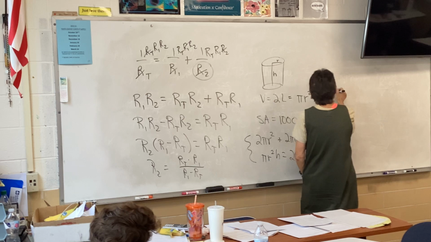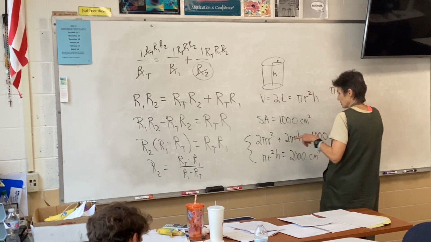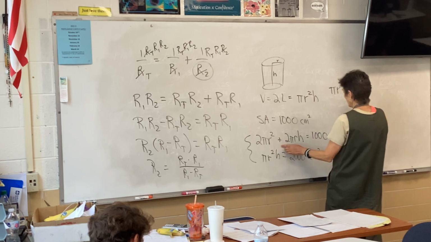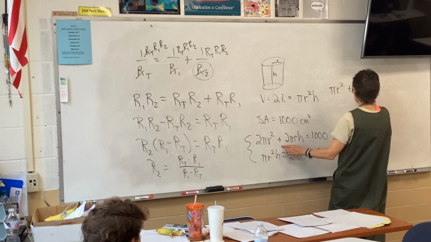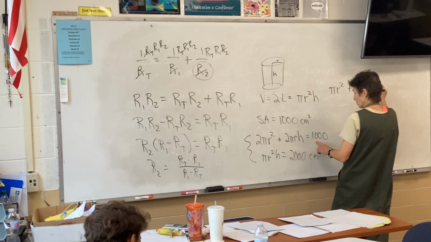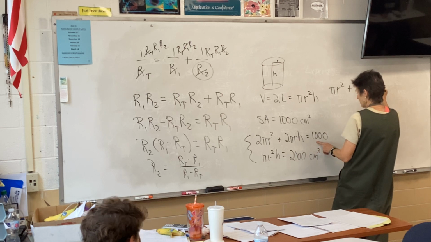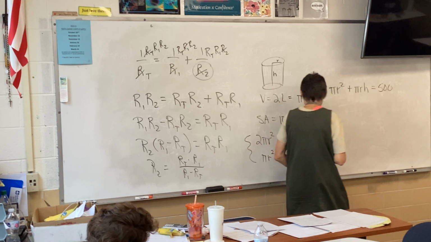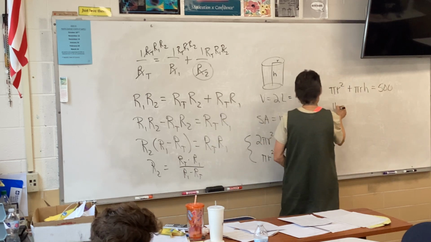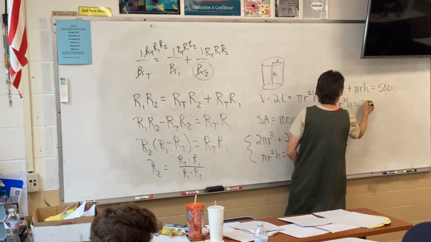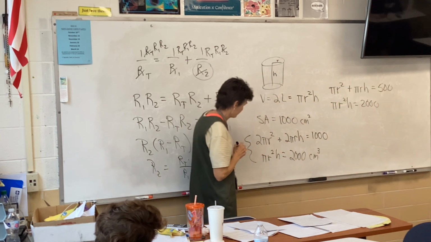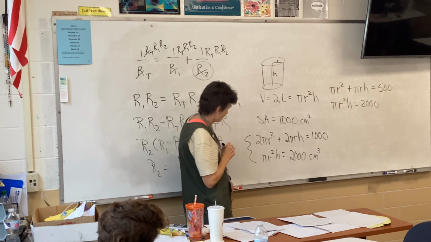So pi r squared plus pi r h equals 500, which is fine. And then I still have pi r squared h equals 2,000. I meant to divide the bottom one by 2 to make them both equal 1,000.